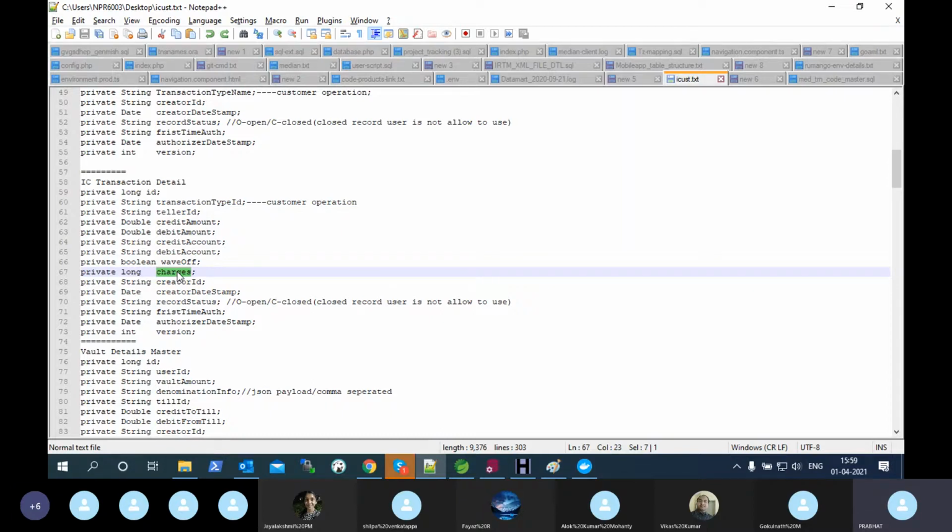So some banks will charge that money from your account. That type of charge is income for the bank. So we are maintaining it separately, because these charges will not be credited and debited anywhere. It's just income for the bank.